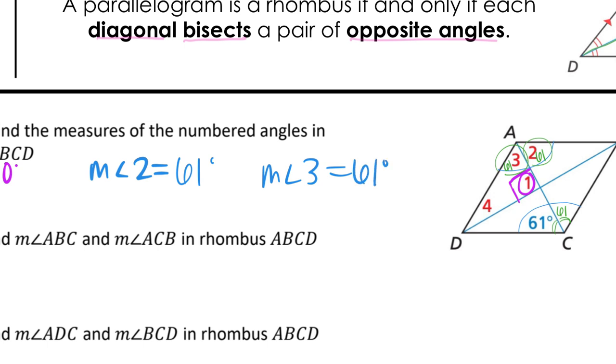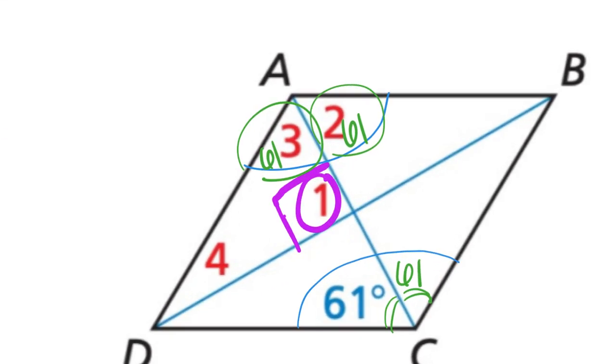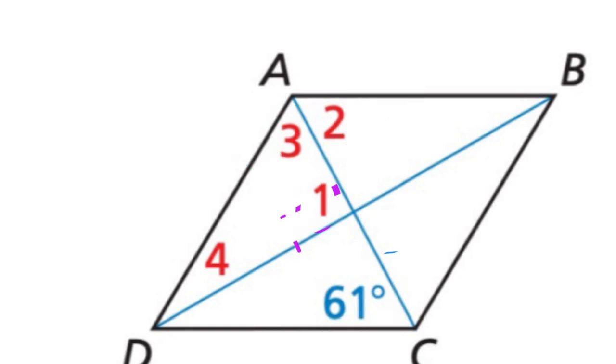And then now we have to work on finding the measure of angle 4. So that one's going to take a little bit of work, but not much. There's actually a couple different ways you could go about doing this. You could use the fact that consecutive angles add up to 180, right? So if this whole thing is 61 plus 61, that would be 122.